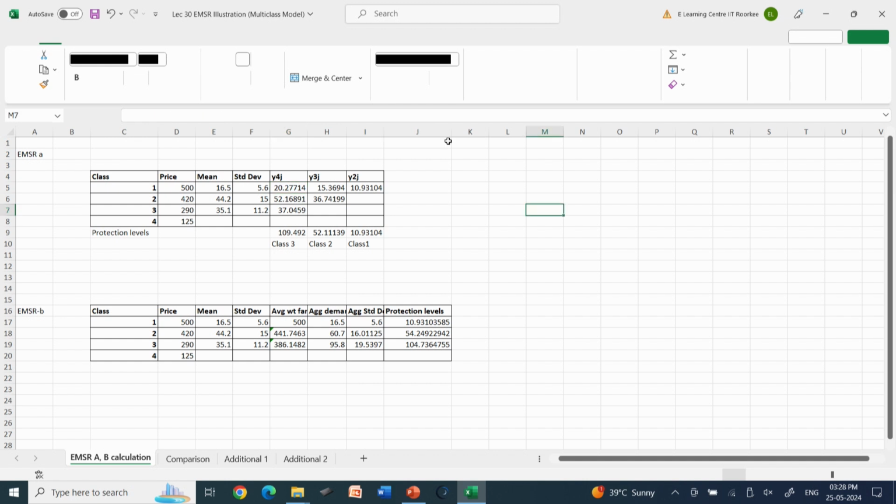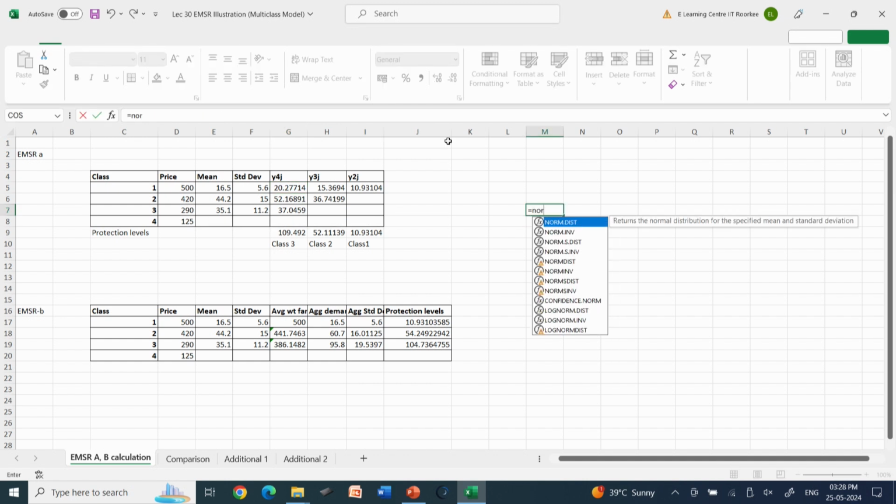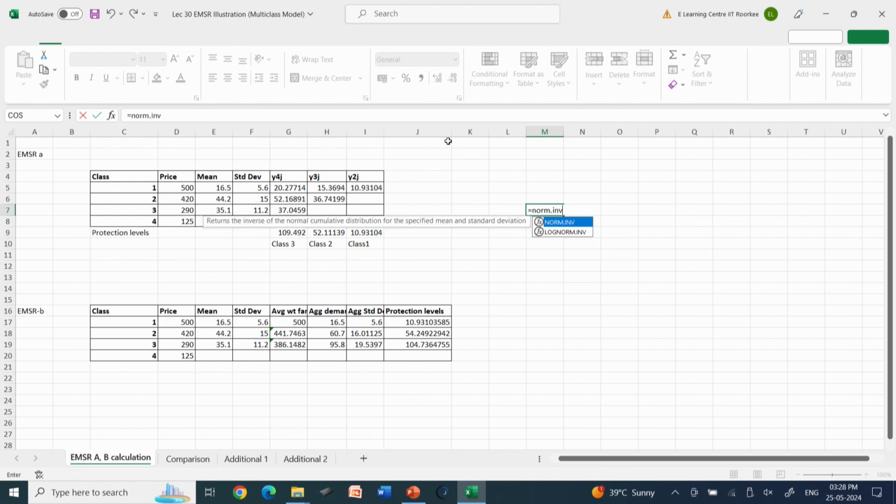So, if you see NORM.INV, you have to give these 3 values. One is the probability, second is the mean value, and third is the standard deviation.